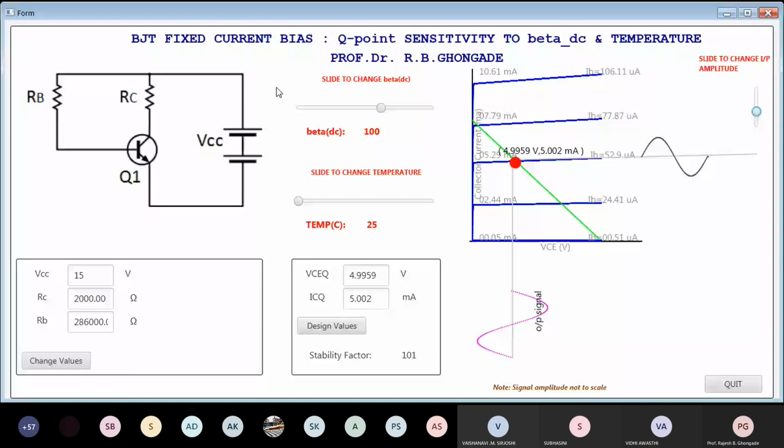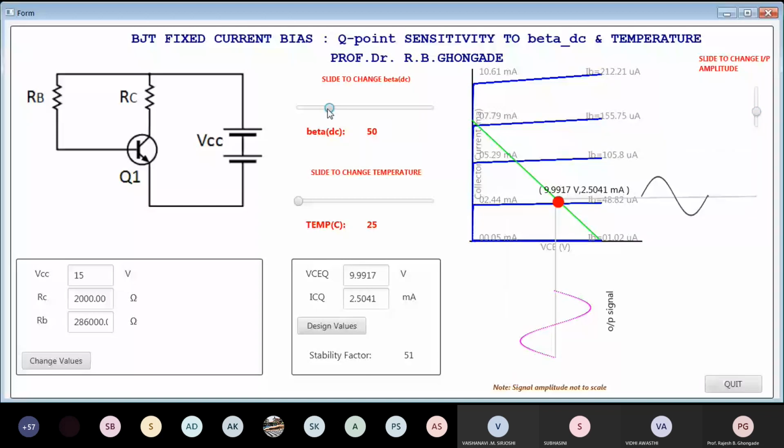So if the beta changes to 50, see what is happening. The Q point is getting over here, and now there is a possibility that you may land up in distortion on this side. One of the peaks gets clipped off. So look at the variation in beta.